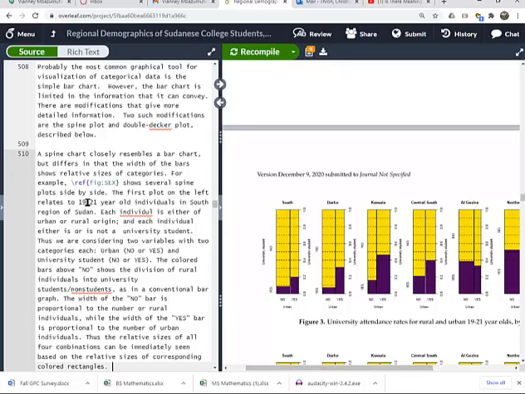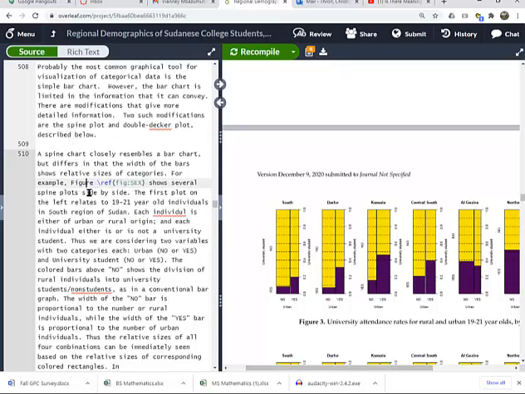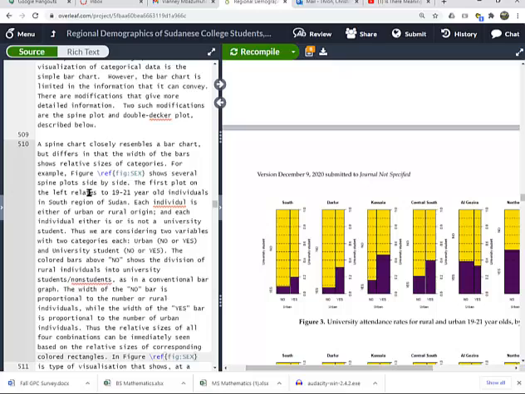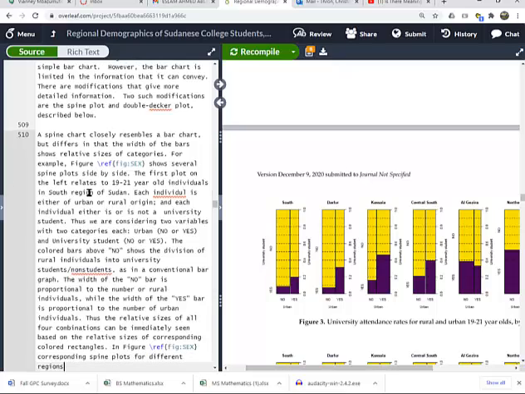In figure 3, several spine plots are compared. Corresponding spine plots for different regions are compared.